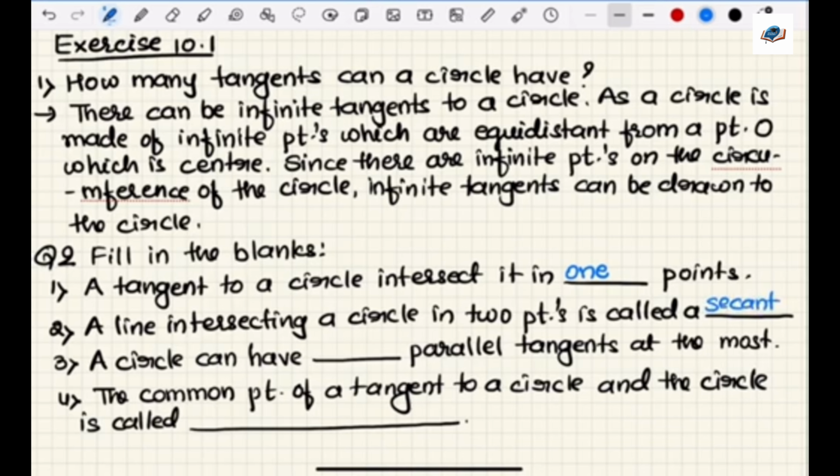So the answer will be secant. Then third, a circle can have dash parallel tangents at most. So here the answer will be 2. Then the fourth one says the common point of a tangent to a circle and the circle is called point of contact. So point of contact.